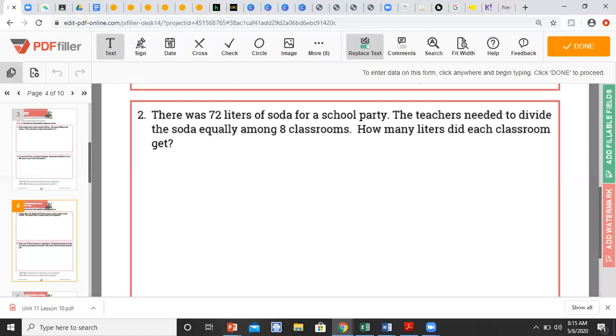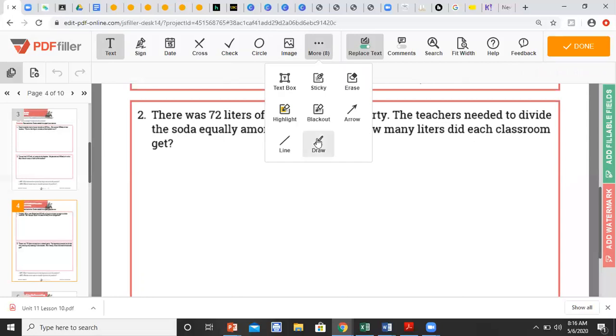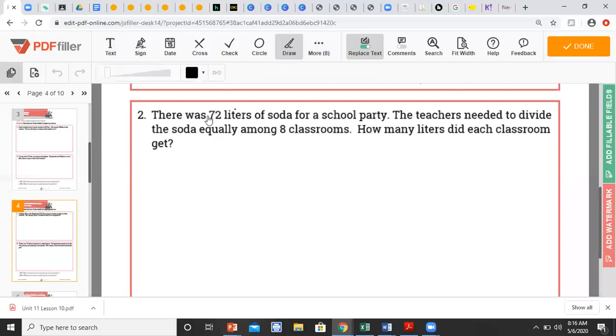How many liters did each classroom get? So here, we're going to circle 72 liters of soda, or the 72. We also know that we have 8 classrooms. A key word here is divide.